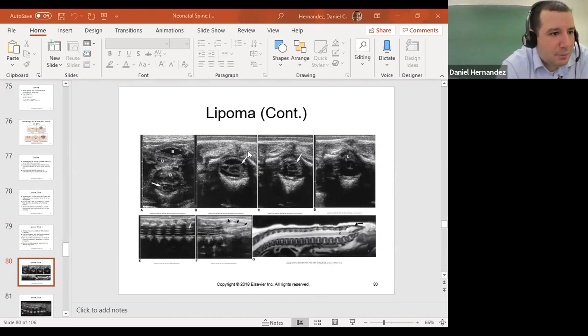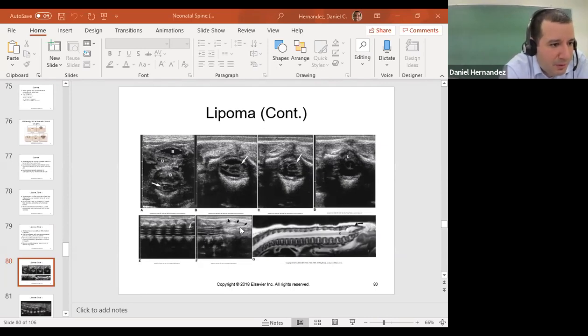So you can see a couple different presentations for lipoma. So this is a lipoma actually along the spinal canal itself. Another lipoma, within the dura mater, below the level of the dura mater.